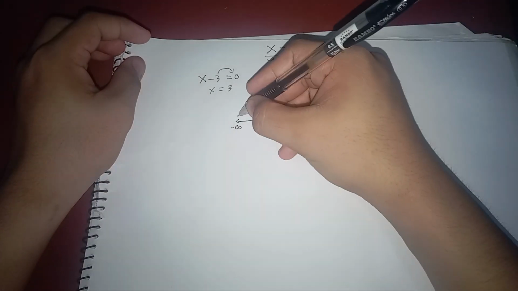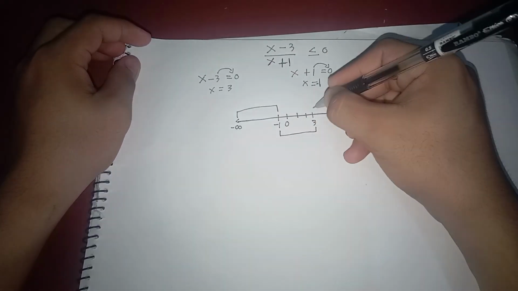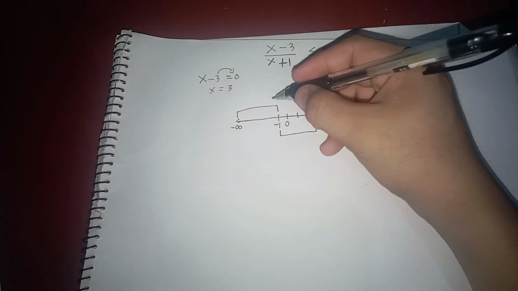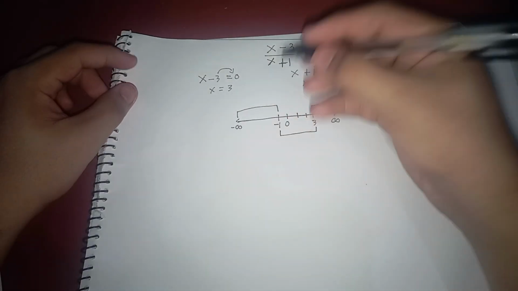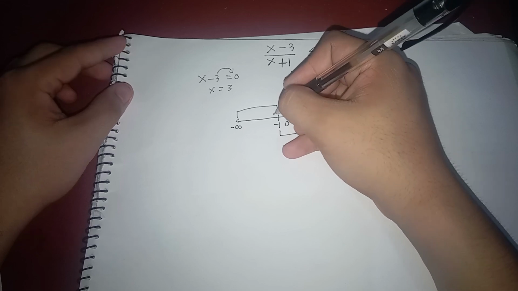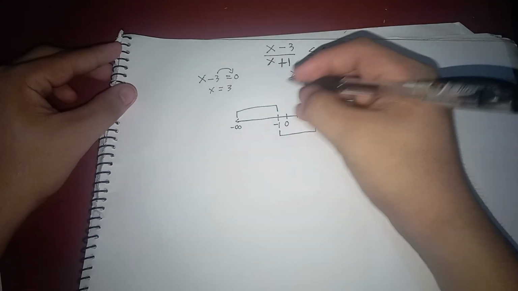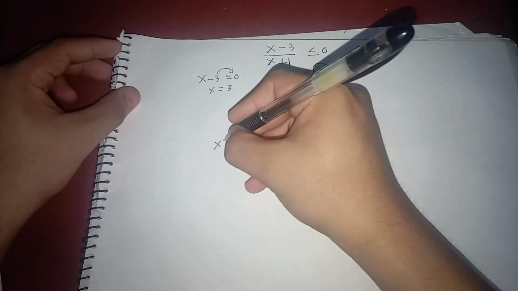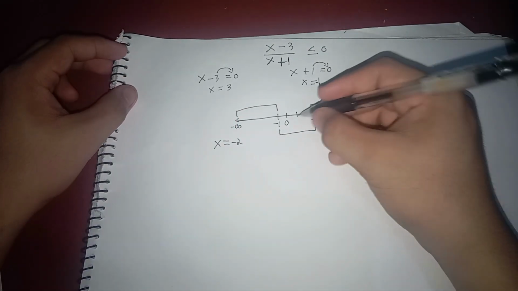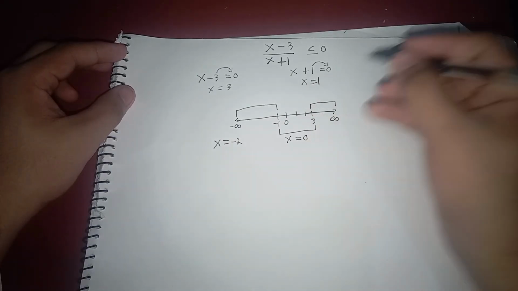Then what we're gonna need to do is split these up, just like that. From this side we're going to take a number from negative 2 to negative infinity. I'm just gonna choose negative 2 because it's going to be easier to solve, and in the middle I'm gonna pick 0.